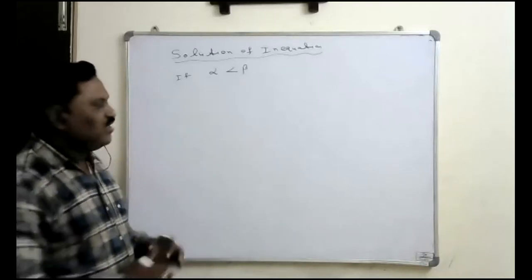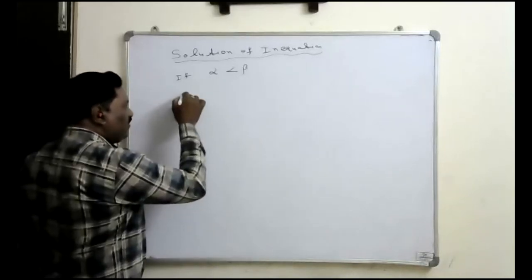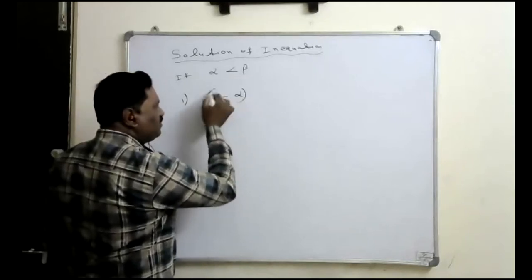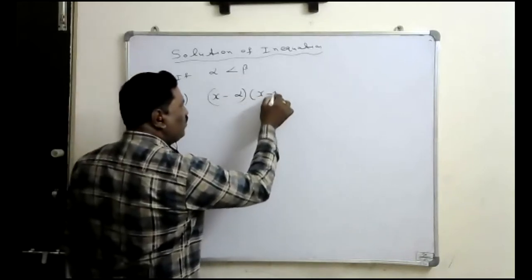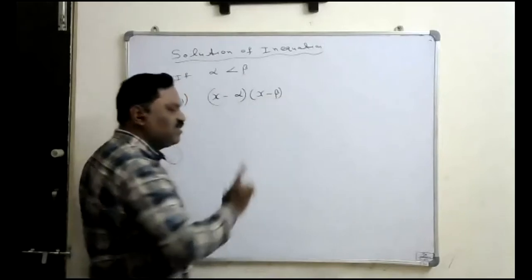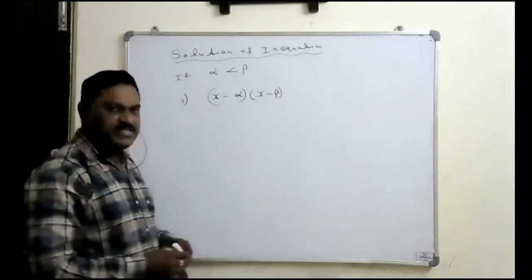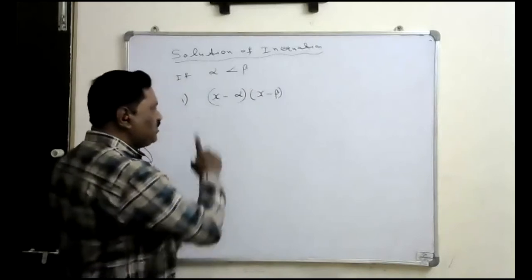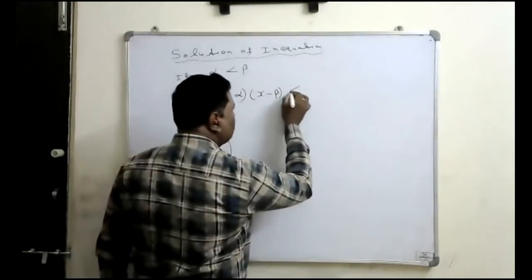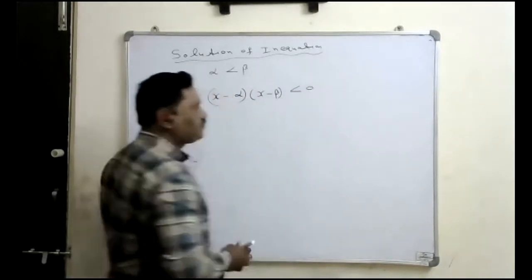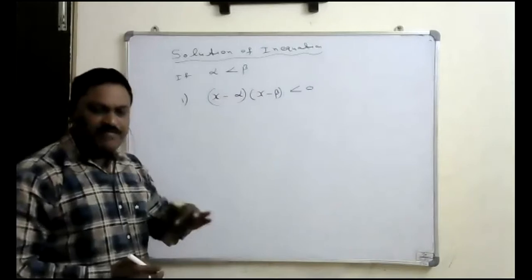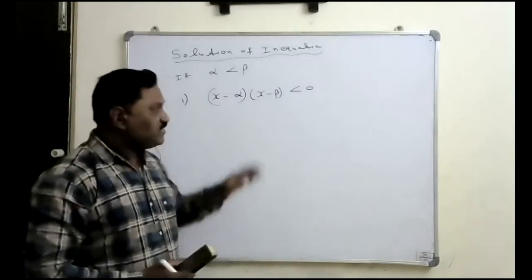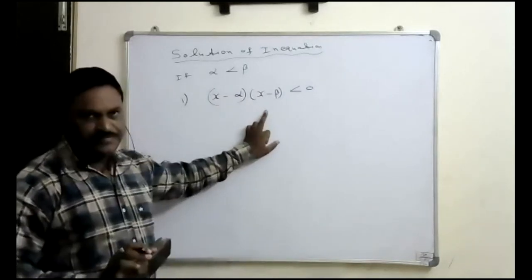Let us assume the first case: if you divide the given quadratic inequation into factors, x minus alpha into x minus beta, and the product of these factors is less than 0, then what is the solution of this inequation?